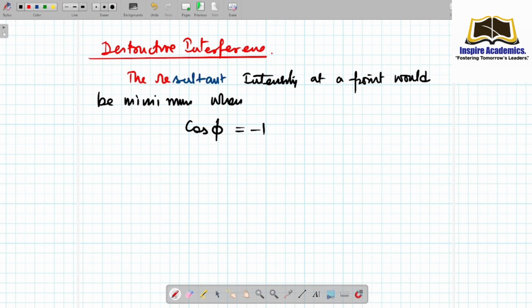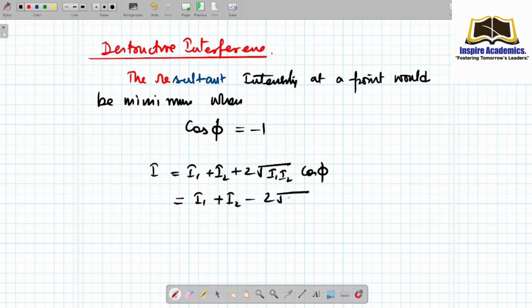That will be the situation, because we had learned, talking about intensity, I was I1 plus I2 plus 2 under root I1 I2 cos phi. So when cos phi becomes negative, this becomes I1 plus I2 minus 2 under root I1 I2, which is actually under root I1 minus under root I2 whole square.